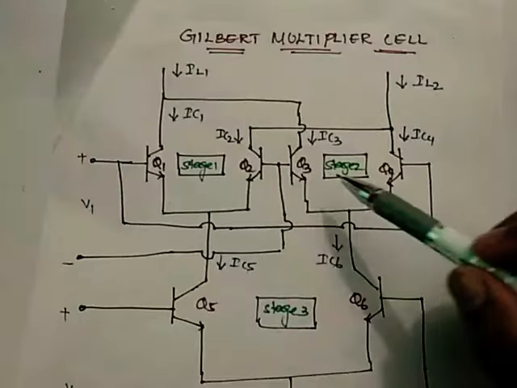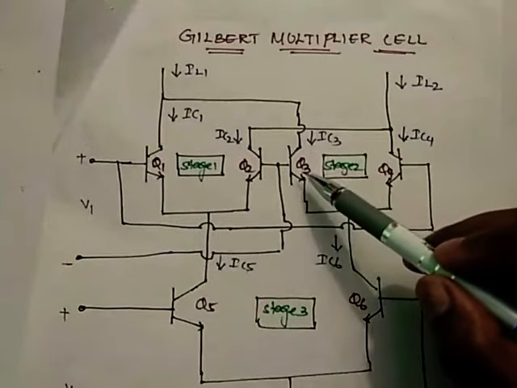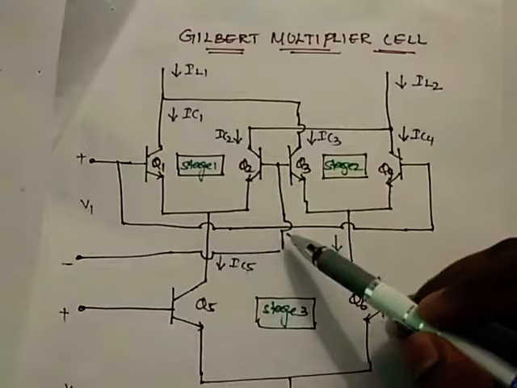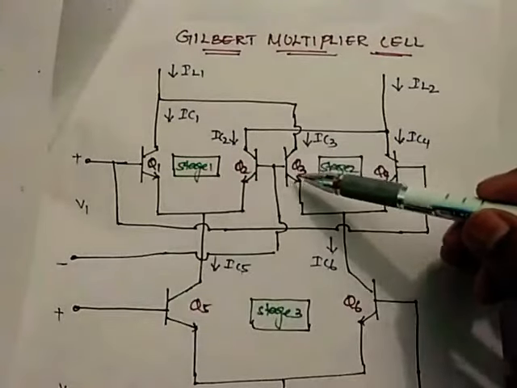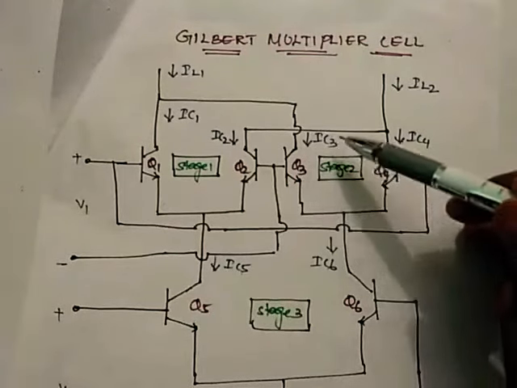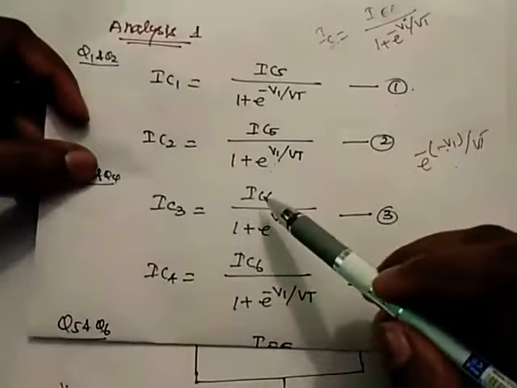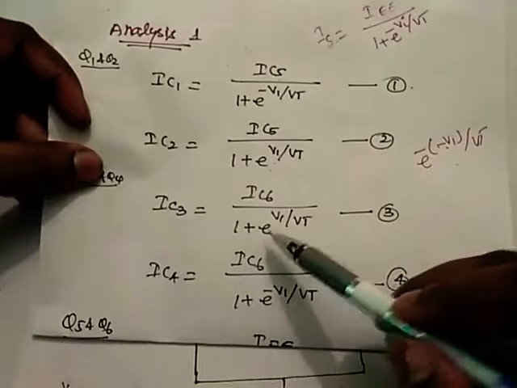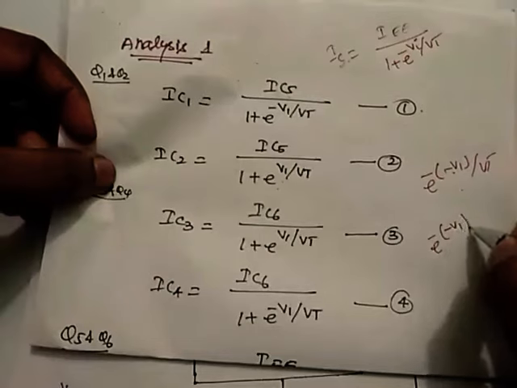In the same way, we are going to write the equation for IC3, which is connected with Q3. This Q3 base is connected with the negative polarity of V1, and Q3 carries the emitter current IC6. So IC3 is IC6 divided by 1 plus e to the power of minus of the negative polarity of V1, so minus V1 divided by Vt.